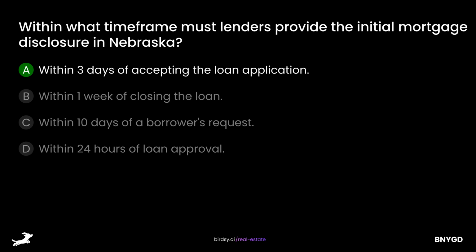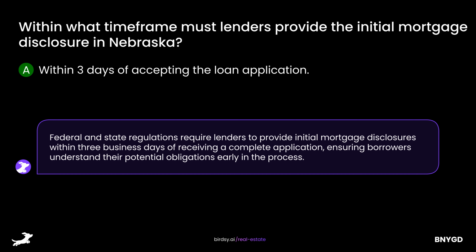The answer is A, within 3 days of accepting the loan application. Federal and state regulations require lenders to provide initial mortgage disclosures within 3 business days of receiving a complete application, ensuring borrowers understand their potential obligations early in the process.